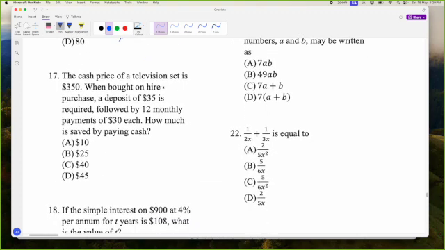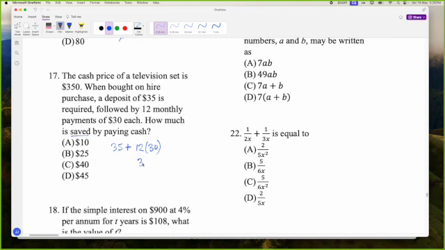The cash price of a television set is $350. When bought on hire purchase, a deposit of $35 is required plus 12 monthly payments of $30 each. How much is saved by paying cash? Well, 12 threes are 36, right?